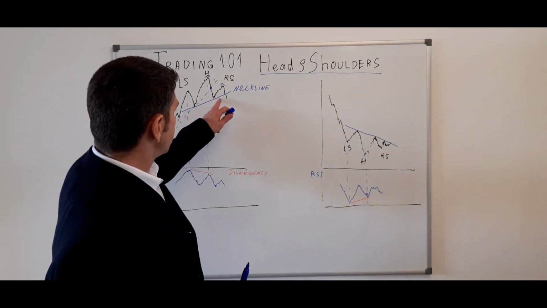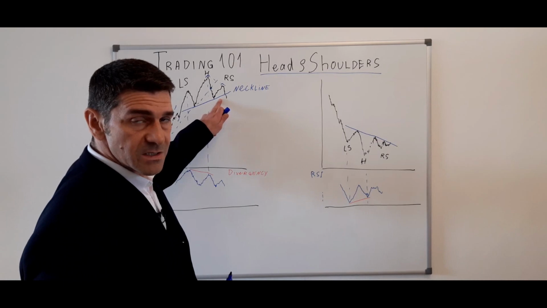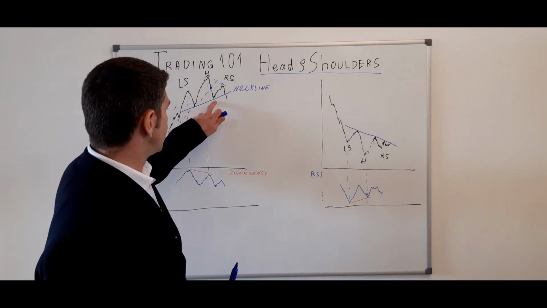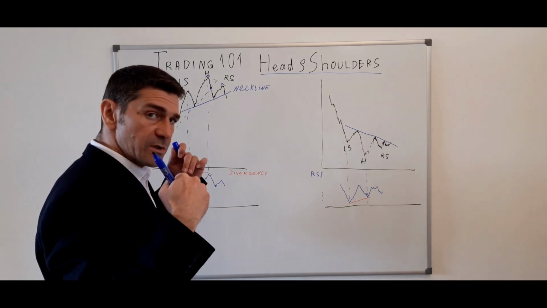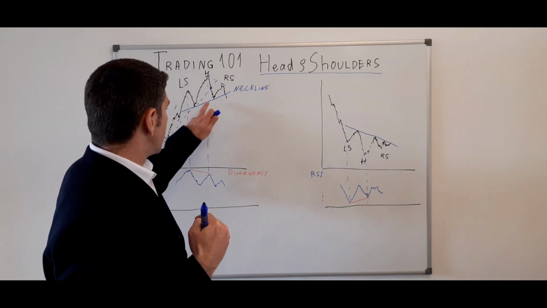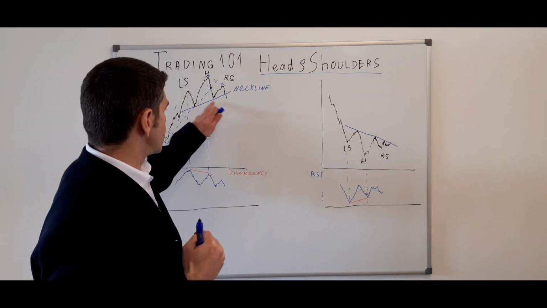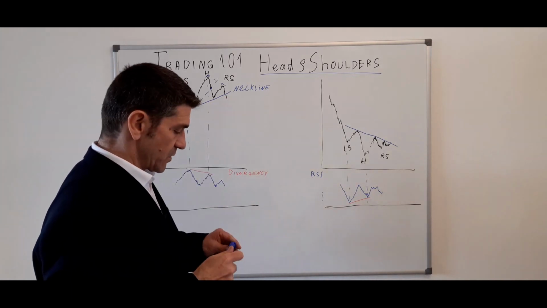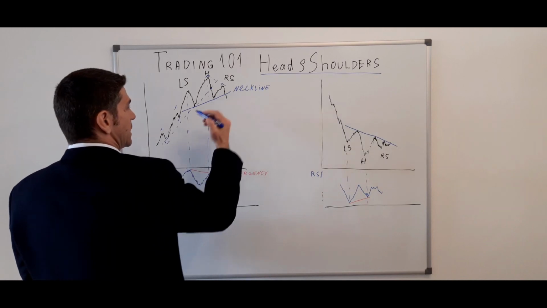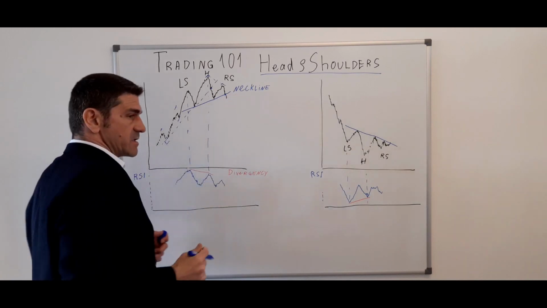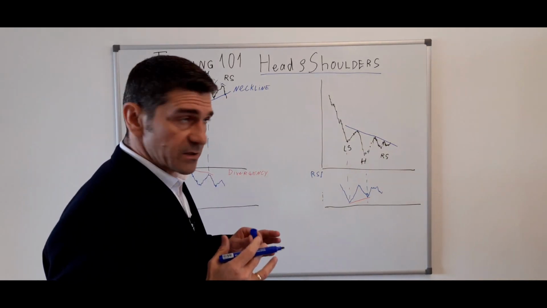From this moment, the next thing is we have to take a look at the bottoms of the head. Taking a look at these bottoms, we have to put the so-called neckline. This is the neckline.